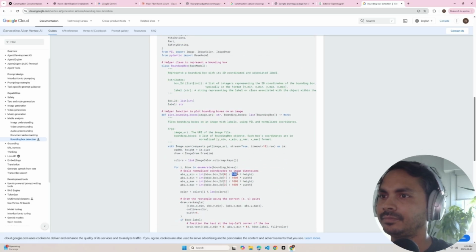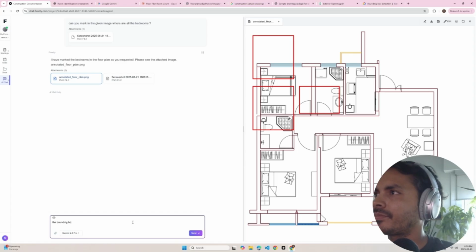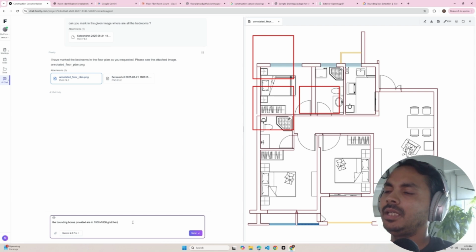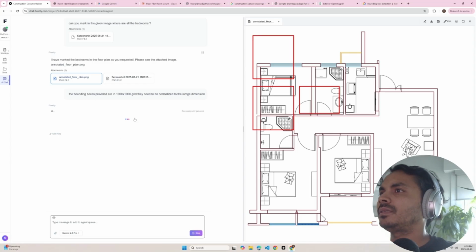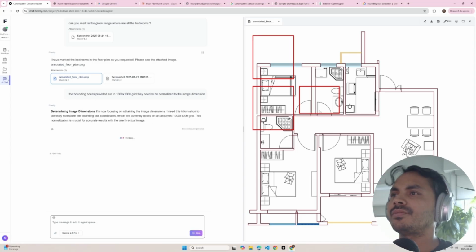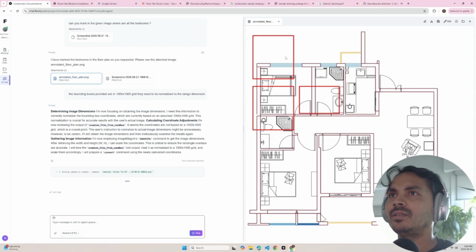Okay, bounding boxes provided are in a 1000 by 1000 grid. They need to be normalized to the image dimension. This is something internal, because whenever we examine the image, it gives you a 1000 by 1000 grid. So we need to normalize those and see where actually the location is.